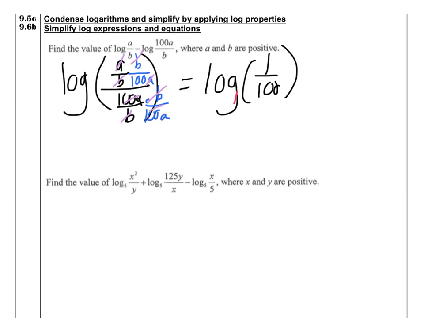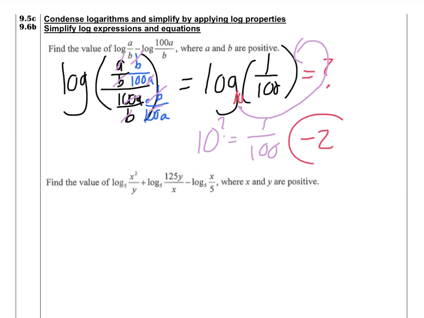Remember, this is just log base 10 and it equals something. So if I do our swoosh to go log to exponent, it's going to say 10 to some power equals 1 over 100. The only way to move this number on the bottom would be to make it negative. And the only way to make a 10 a 100 would make it squared. So this would be a negative 2. So the answer here is negative 2.